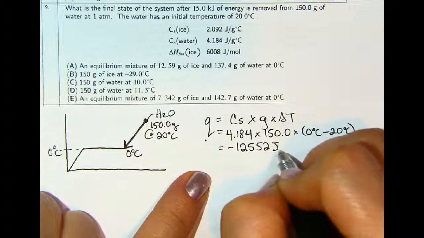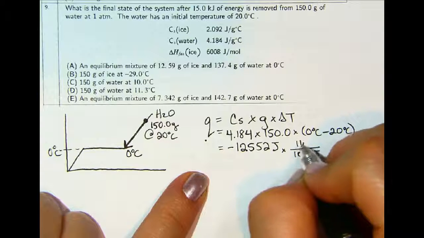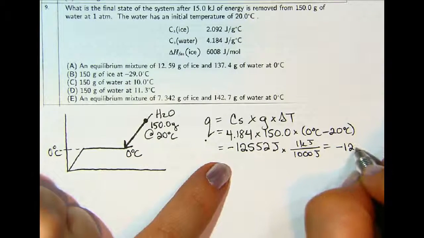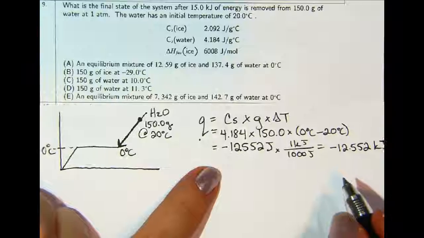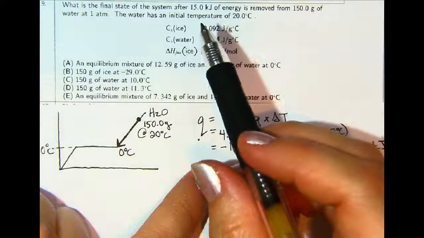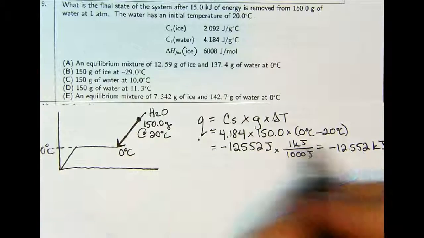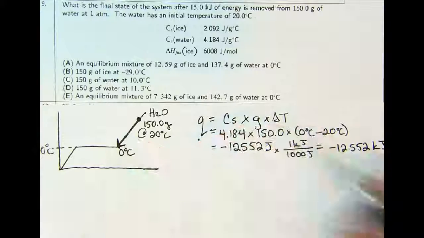Keep in mind this is in joules, so I want to change it to kilojoules by dividing by 1,000, and that'll get me 12.552 kilojoules. So what that means is, of my 15.0 kilojoules, it would take 12.552 kilojoules to get it from this point to beginning to freeze.